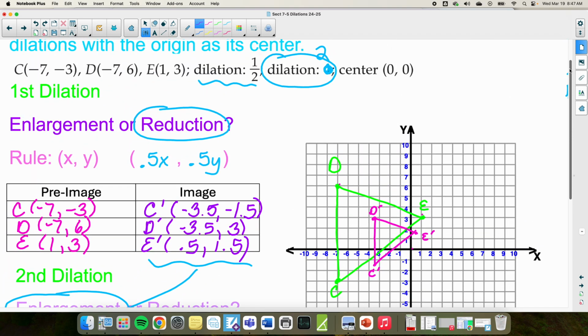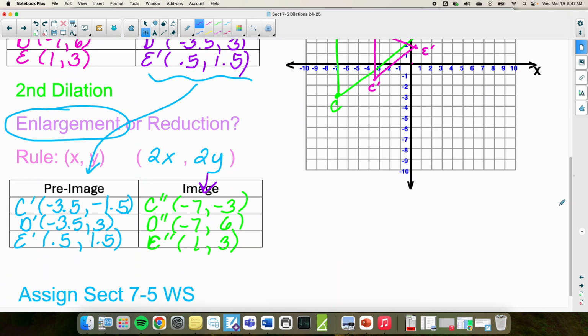Can we do this as 2.5? Sorry, as you guys are chuckling at me. Yes, let's do 2.5x and 2.5y, so that we have different points here. Okay, we'll try this again.